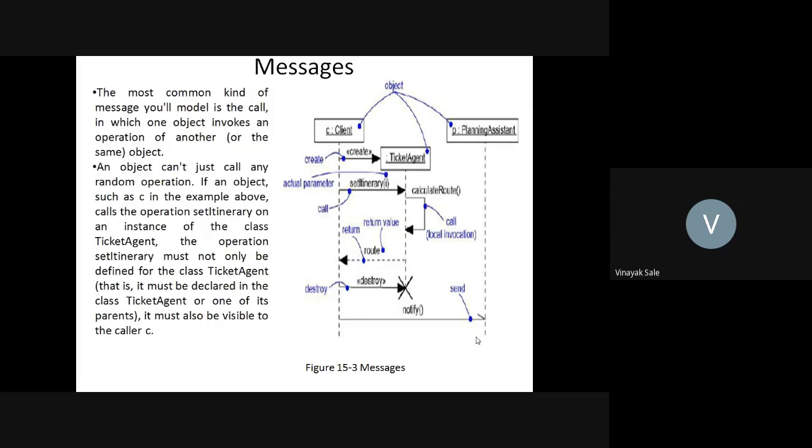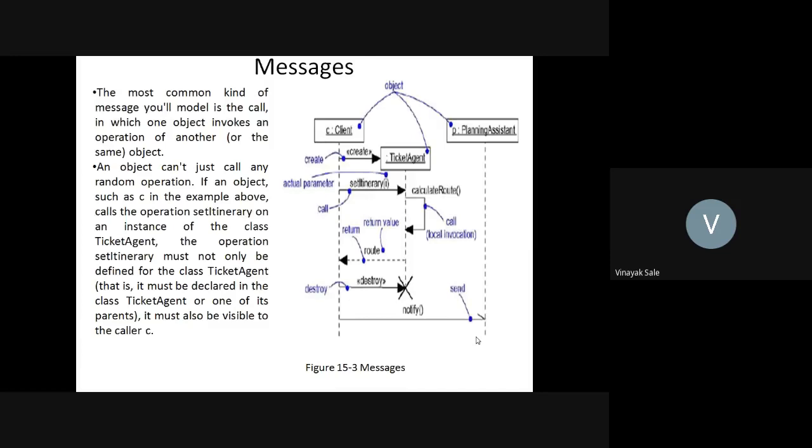So the most common kind of message you will model is a call, in which one object invokes an operation of another or the same object. An object cannot just call any random operation.